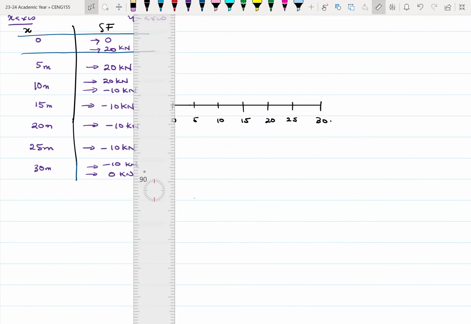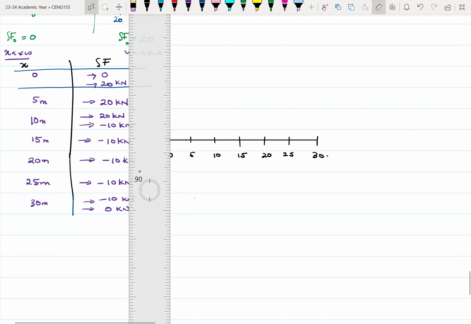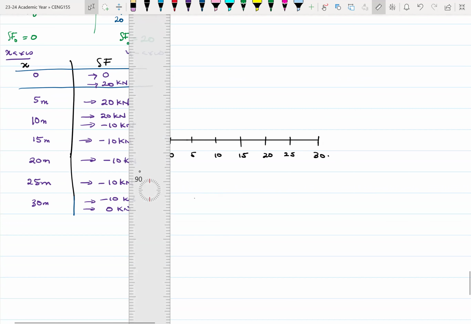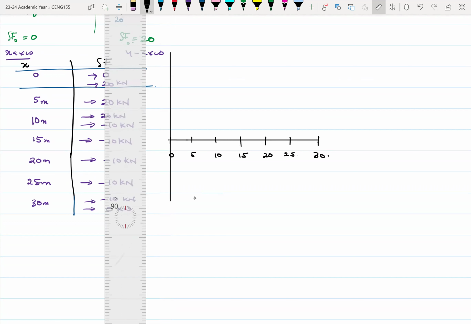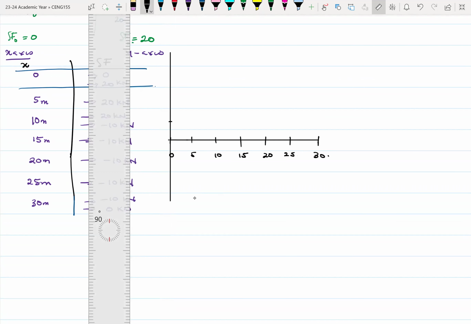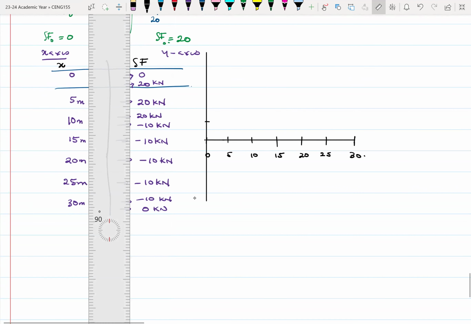Here I'm just drawing my x and y axis. So this is 5, 10, 15, 20. Here I have 5, 10. Let me drop to 50. This is my negative, and over there is my positive.